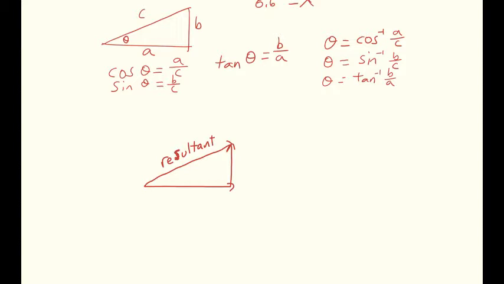What is the result of that motion of moving in two directions? Well, for us, it's very nice. It turns into a triangle, and we can calculate this quantity, this resultant, using the Pythagorean theorem and trigonometry.